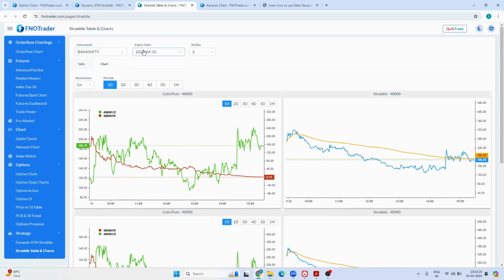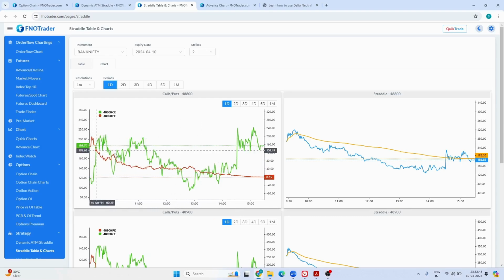Today we had an expiry, 10th April, and I have put ATM +1 -1. That's why we have two strikes here, and I am plotting 1 minute resolution, and then we have multiple periods. I have only selected today's data. The green ones on the left hand side are the call price chart or premium chart, and the red ones are the put premium chart.